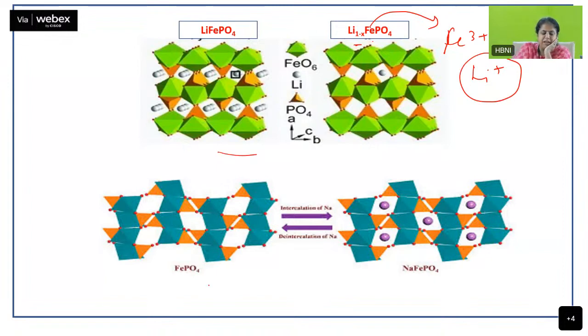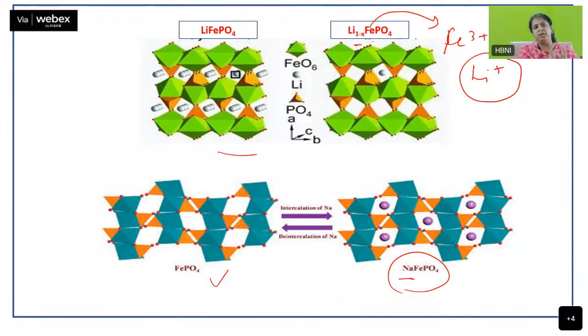Okay. Similarly, we can have sodium ion batteries with this FePO4, though it is not as good an electrode as LiFePO4, but this has also been researched a lot. So what we basically understood today is we need to know the application, what I'm looking at.